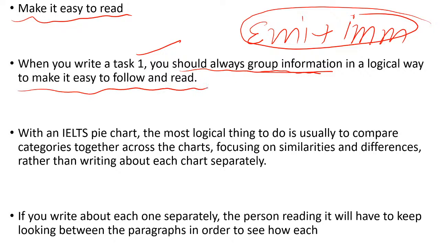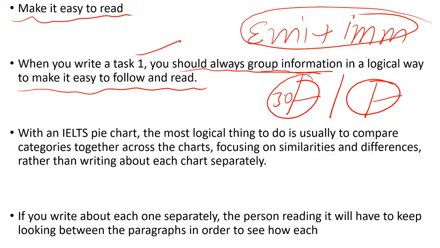So what is the logical way? Let's take an example. These are the two sides, this is one side and this is another side. If on this side we have 30%, let's take an example, and this is 32%. So this is the ABC category and this is the CDE category.